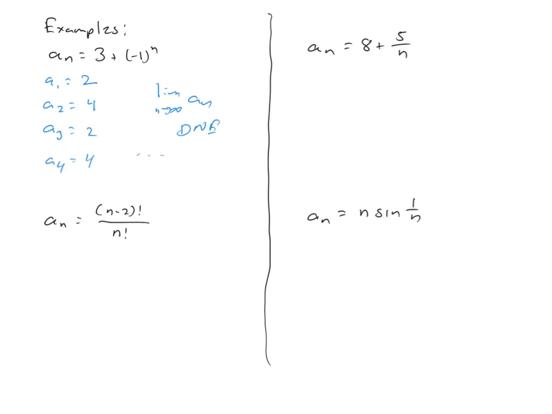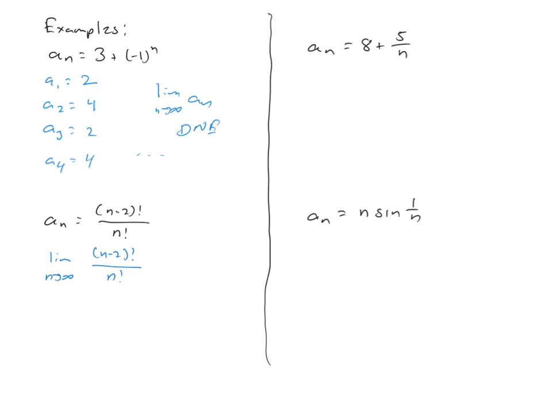Let's take a look at the second one down here, where a sub n is n minus 2 factorial over n factorial. What we want to do on this one is recall simplifying this, in terms of finding that limit. So I'm looking at the limit as n approaches infinity of n minus 2 factorial over n factorial. You might remember when we talked about these before that you want to reduce these, and I know that the smaller one is going to be a factor of the larger one.